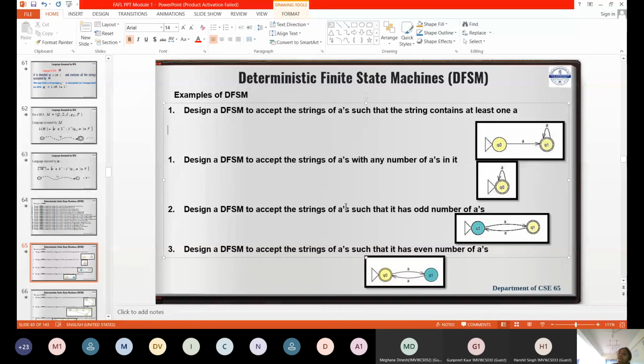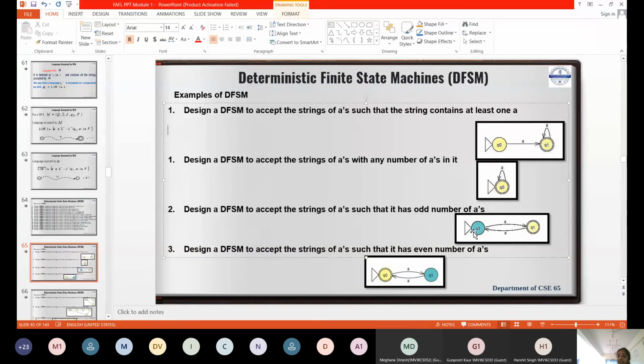Next one. Design a DFSM to accept the string of A's such that it has an odd number of A's. Yesterday I told you, I think, even number of A's, no? For an even number of A's, the starting state itself, 0 number of A's is also an even number of A's, and then 1 and then 2.